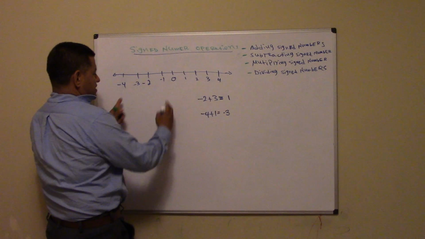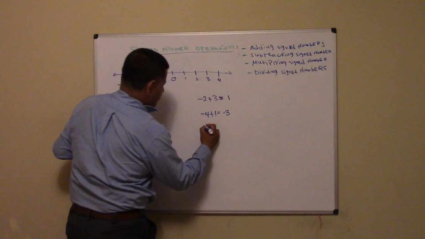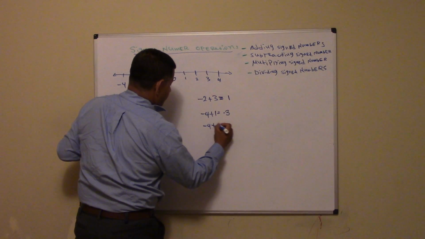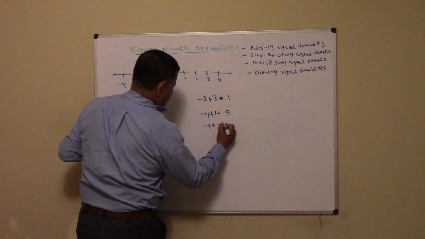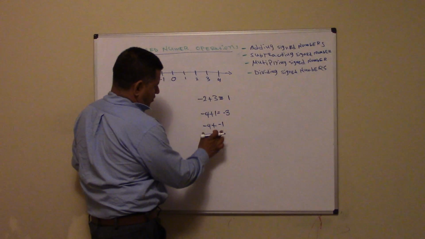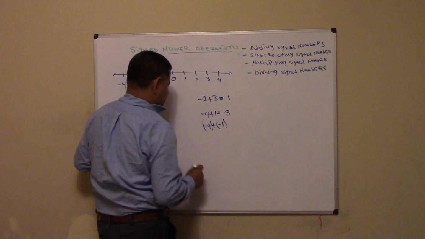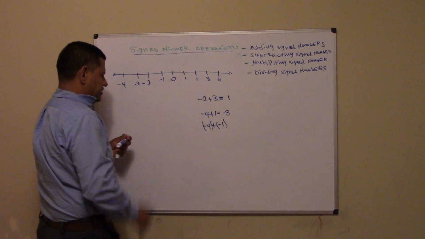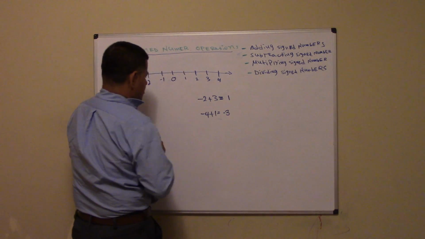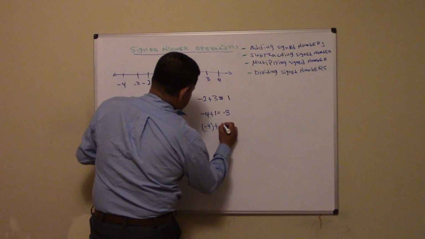If you want to be on the left side of the 0, let's say that you do negative 4 plus negative 1, right? Negative 4 plus a negative 1 should be written with parentheses, like this: negative 4 plus a negative 1.